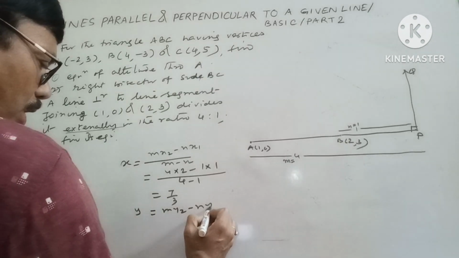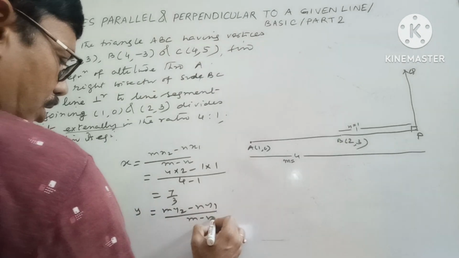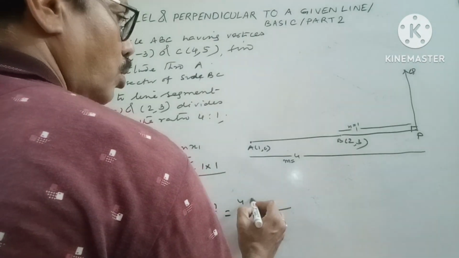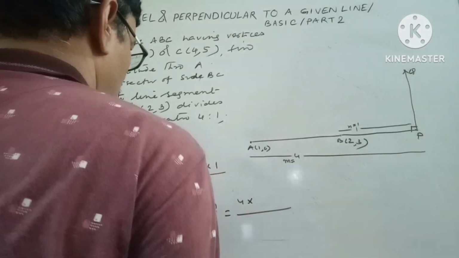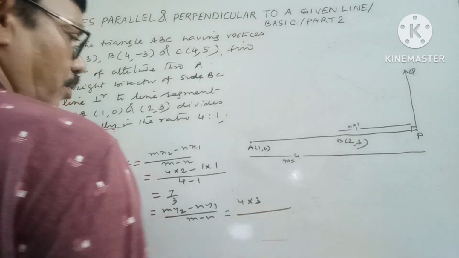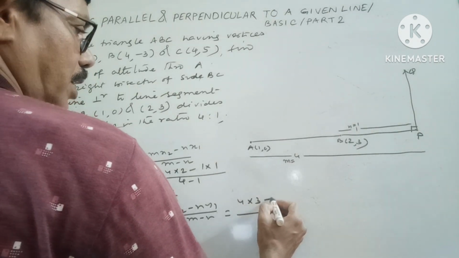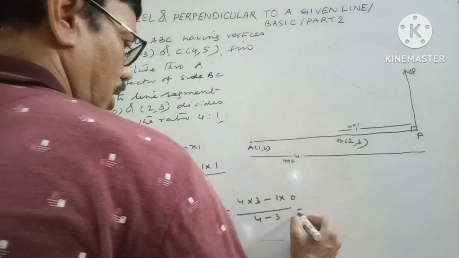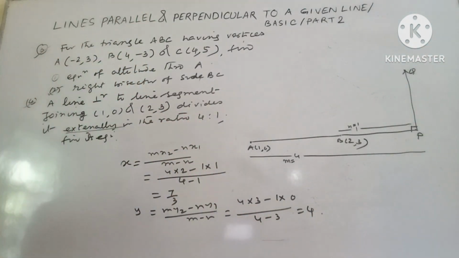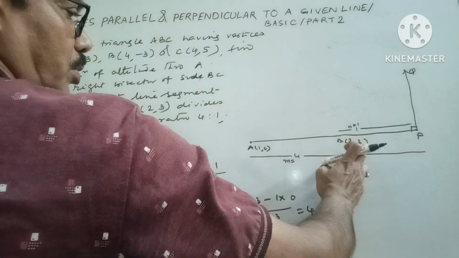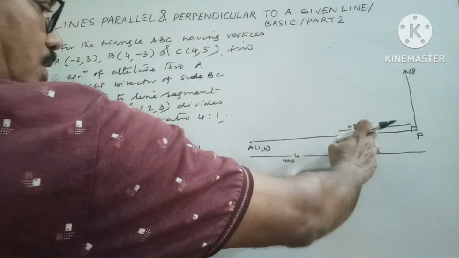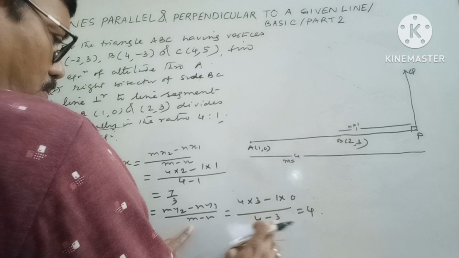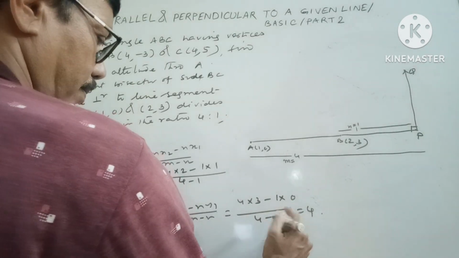(m y2 minus n y1) by (m minus n). So 4 into 3 minus 1 into 0, by 4 minus 1.